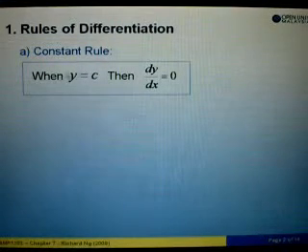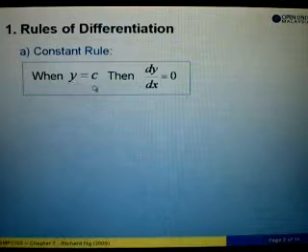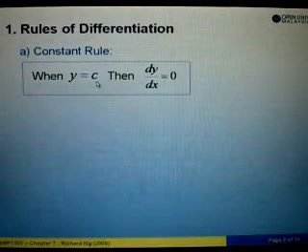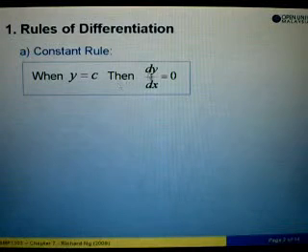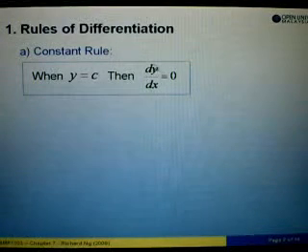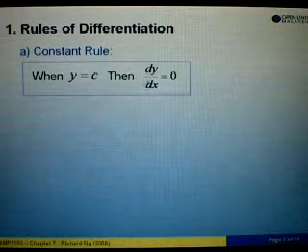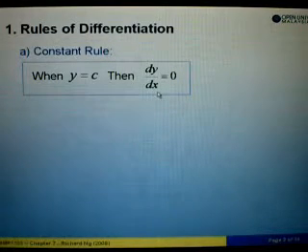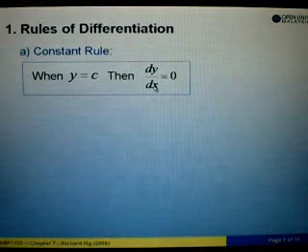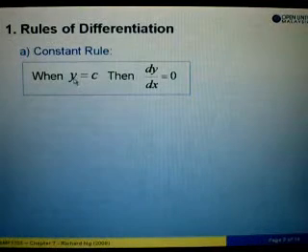When we are given the function y equals c, where c is a constant, meaning any number, then dy over dx, which represents the differentiation, means we differentiate y with respect to x.